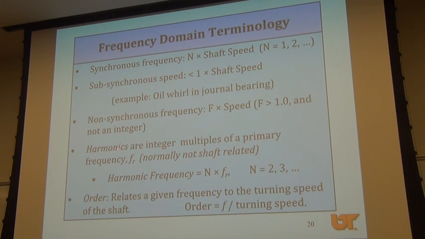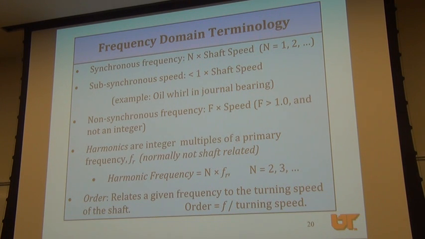What are harmonics? Harmonics are integer multiples of the primary frequency: 2 times, 3 times, 4 times, and so forth. If a shaft is rotating at a certain frequency and you have imbalance in the system, then the frequency caused by imbalance that you see in the accelerometer is probably close to 1 times the shaft speed.